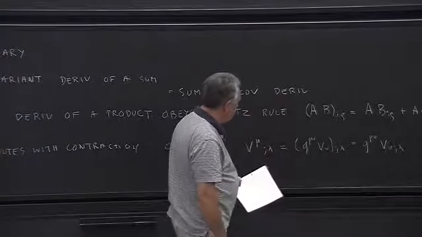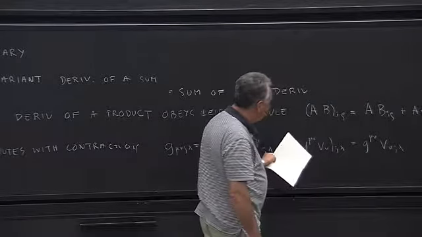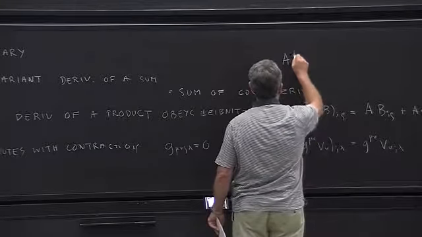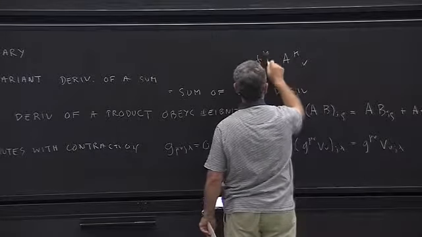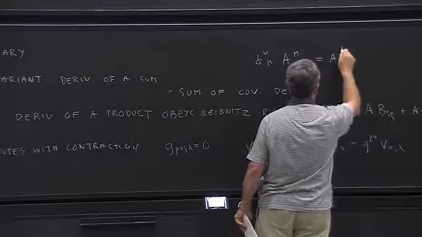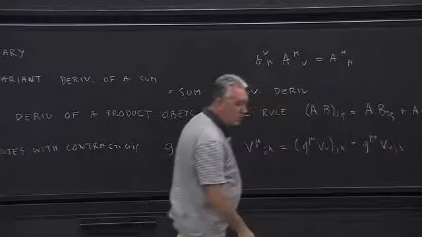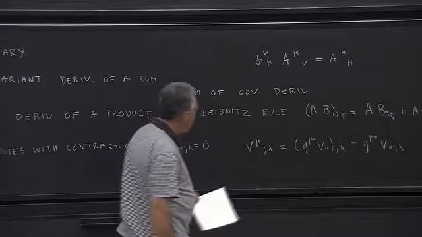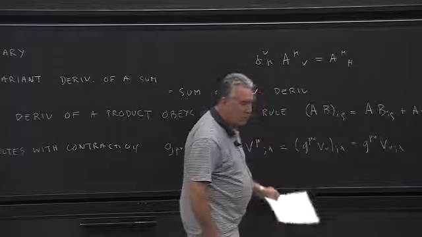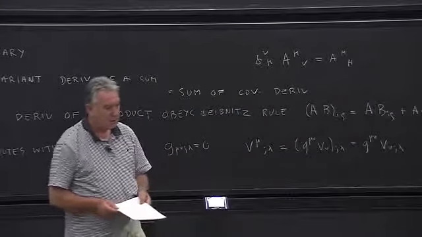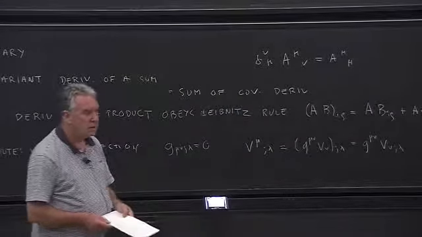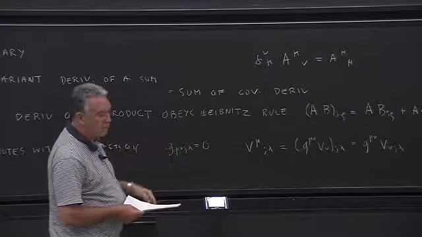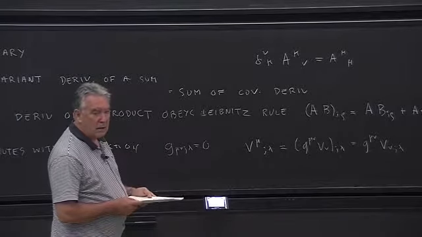Contraction can mean that's the meaning you have in mind, yes? But whenever an index is summed over, we use the word contraction also. So perhaps that's a misnomer, but we use the word contraction whenever we sum over an index. Any other questions?